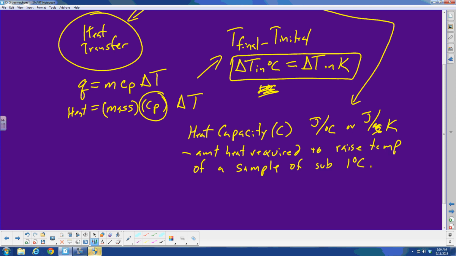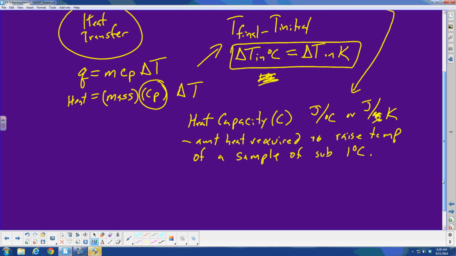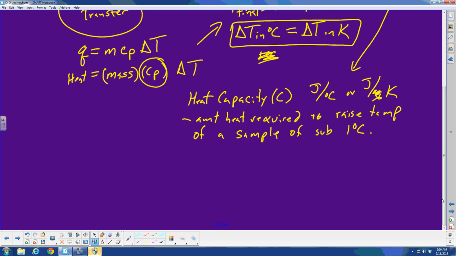Now, heat capacity is not that common for us. We don't run into it that often. There's another related concept, which is molar heat capacity. And that's usually connoted by a C with a molar. And that is the amount of heat required to do what?